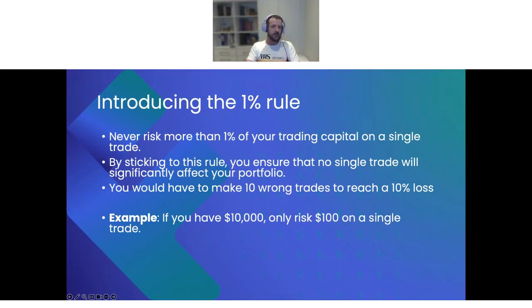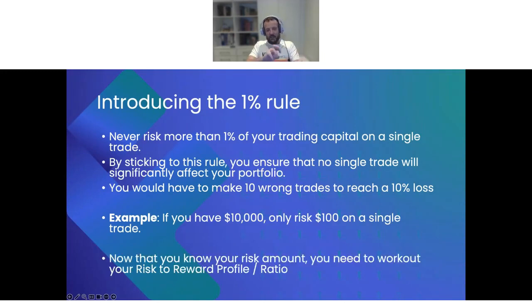Applying these rules is very similar. This is the operational principles behind your business. You almost need to look at trading as a business, or as a job, or as a profession. And you don't necessarily need to be a professional trader to do this. You just need to approach it with that mindset of, all right, I've got this one rule now. I can risk only this amount on every single trade. Great. What's the next rule that I need to apply, and what's the next thing that I need to focus on?